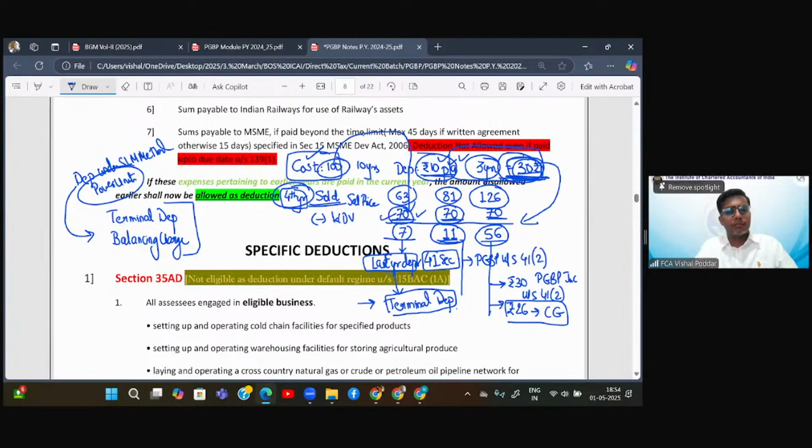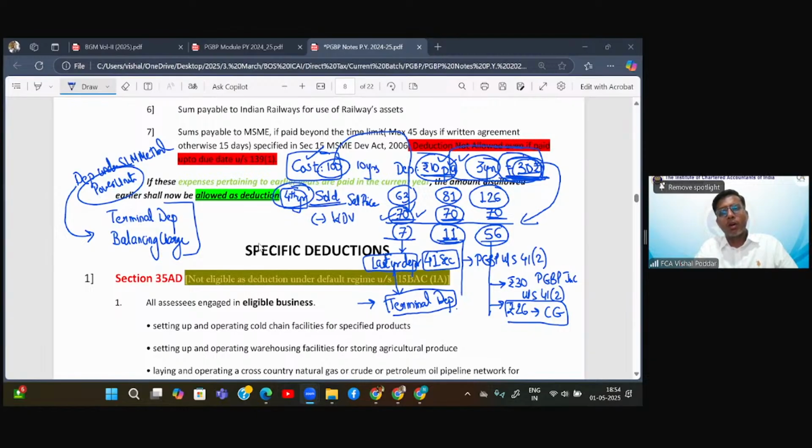See the logic. Students, did you get the beauty of this?